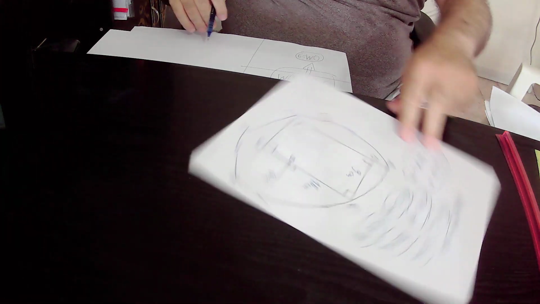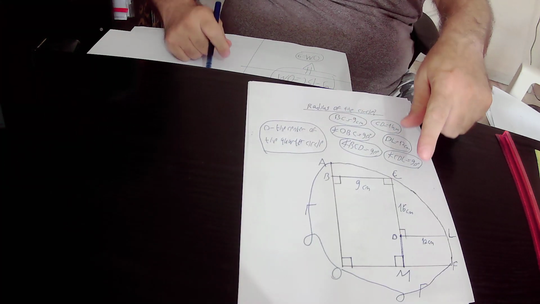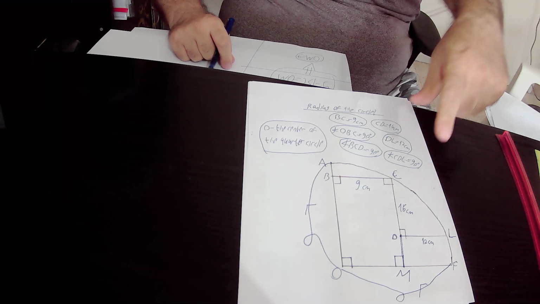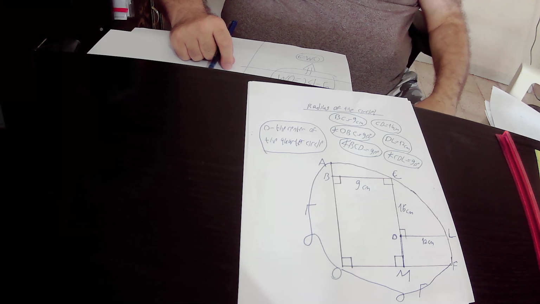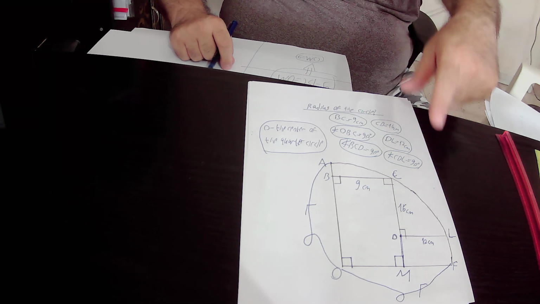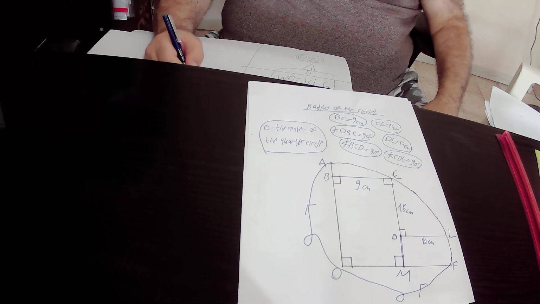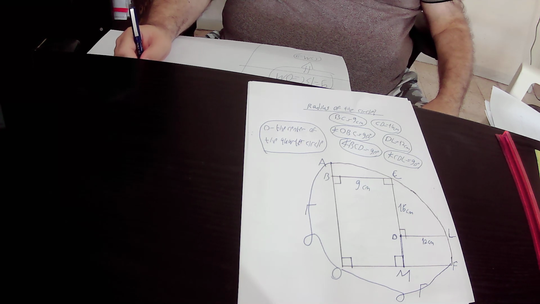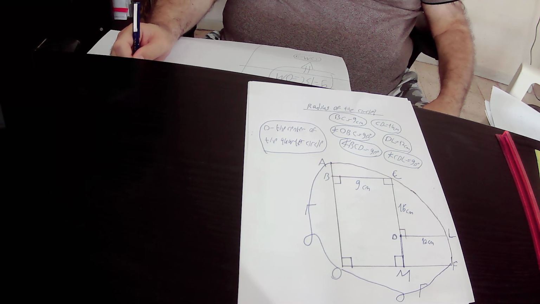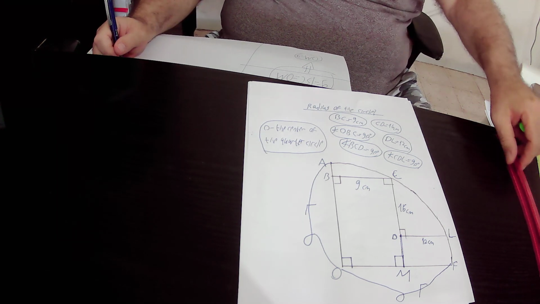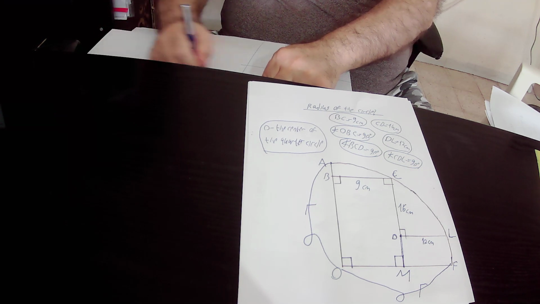And here we extended the straight line CD by a straight line, and the result is CM. When we extend a straight line by a straight line, the result must be a straight line. Therefore, CM must be a straight line. So I write it down that line segment CM is a straight line.